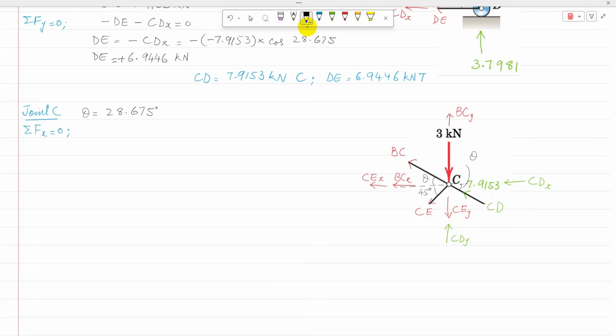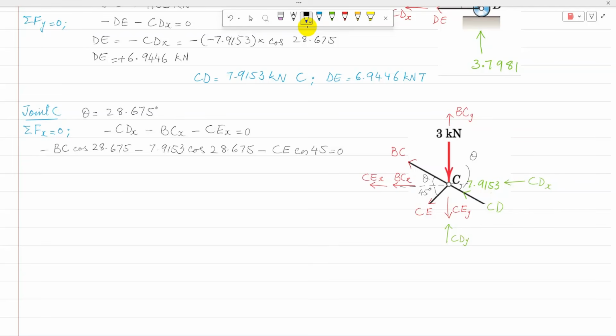So starting with sigma Fx, that is minus CDX, and then minus BCX, and minus CEX is equal to 0. Now all these components I can find.